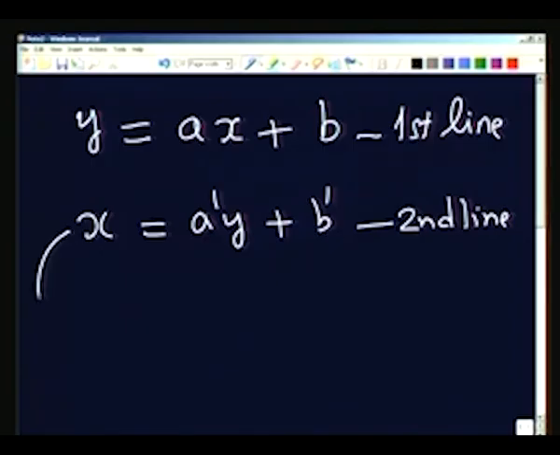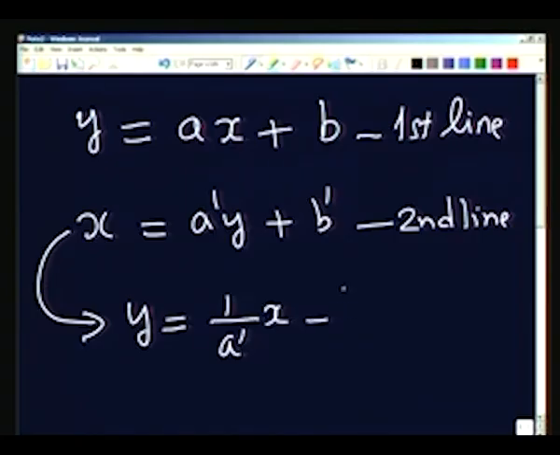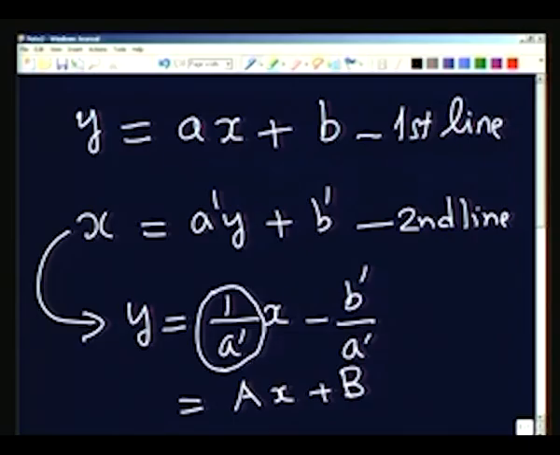Of course, I can represent this slightly differently by solving for y equal to, so I will retain it here, send this b prime to the other side, 1 over a prime times x minus b prime divided by a prime. So I can say this is something like ax plus b, where 1 over a prime is a, and this minus b prime by a prime is your b.